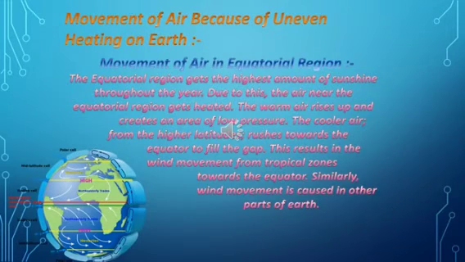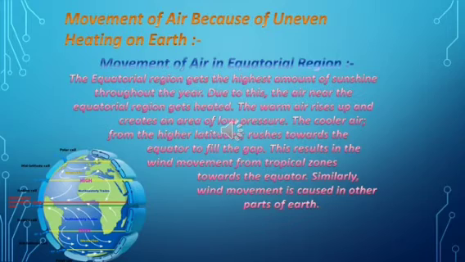Movement of air because of uneven heating on the earth. Now all of us know that regions which are very close to the equator get maximum heat from the sun throughout the year. You all know this. We have learned this even in the last chapter. Now what happens because of this?